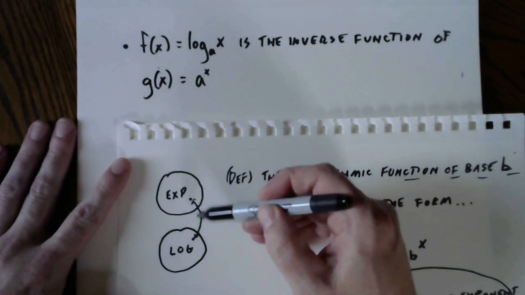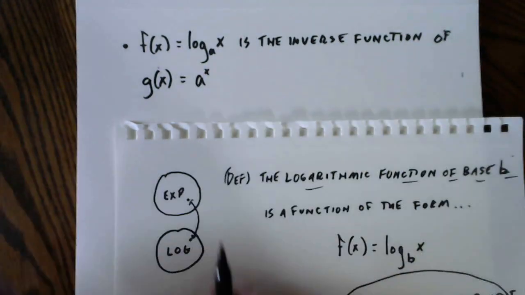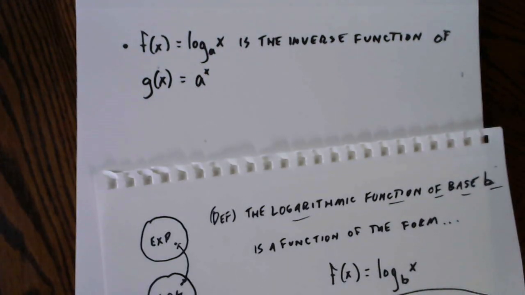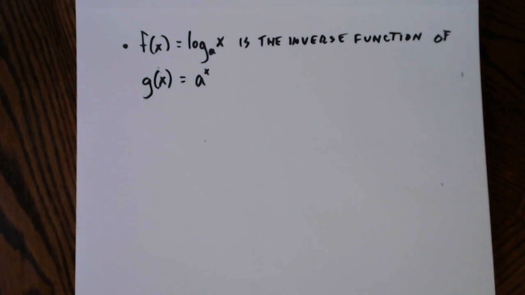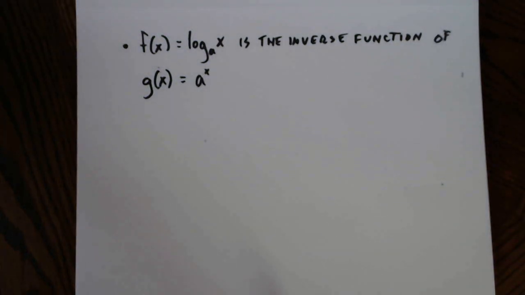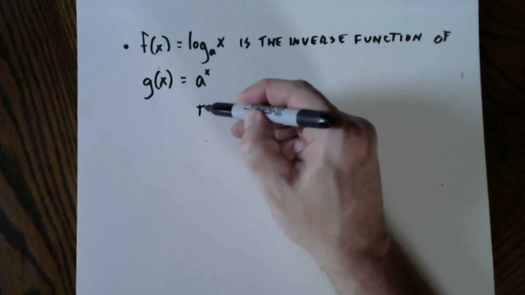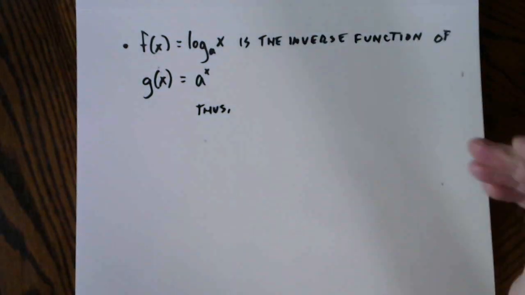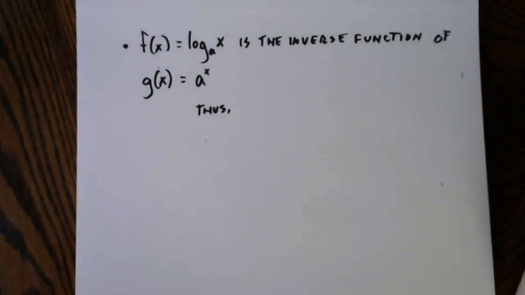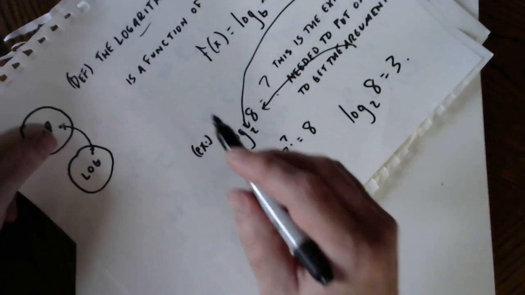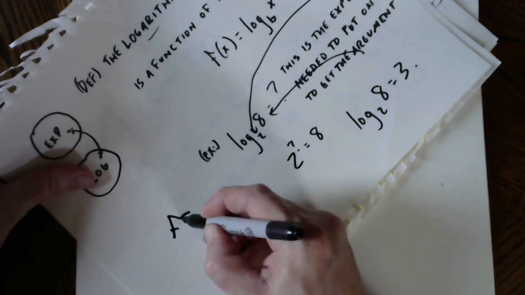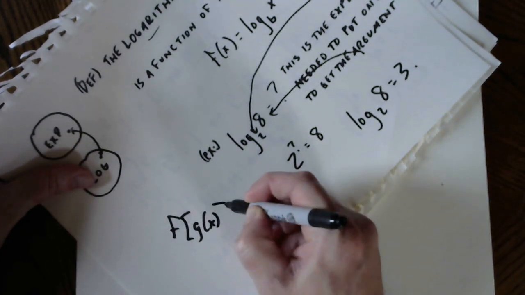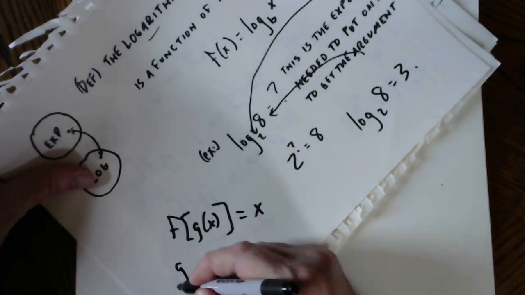Which pairs pair up? The pairs that have matching bases. Okay, log base a matches up with the exponential of base a. And then the reason I say that is because, just as a quick reminder, don't write this down because you already have it down. How do you know you have 2 functions as inverses? When you compose them, you get x.